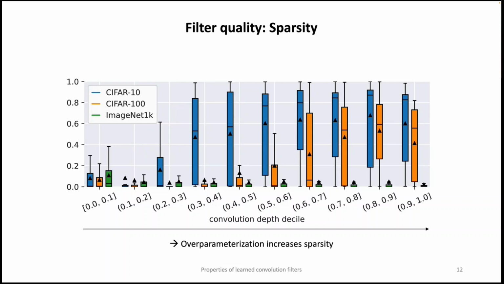We see a similar effect in CIFAR100, slightly delayed. So that one starts at roughly 50%, where the model becomes sparse. So our conclusion was that overparameterization indeed increases sparsity and leads to a type of degeneration. We can't, of course, say that this is the only cause of degeneration, but it's at least one of those.